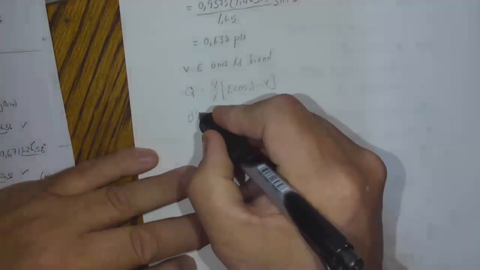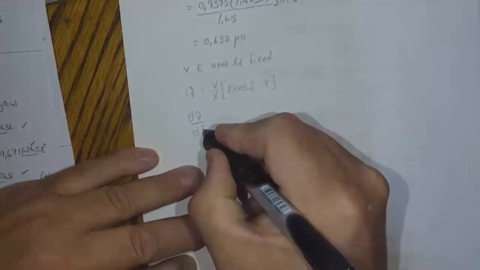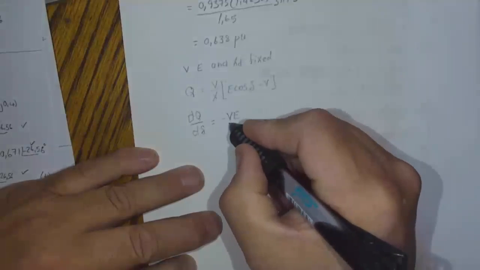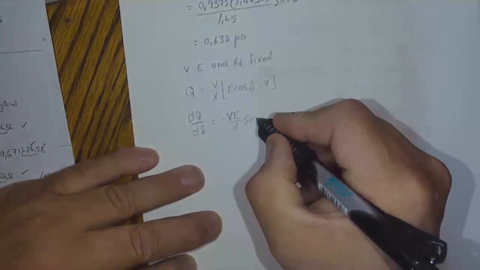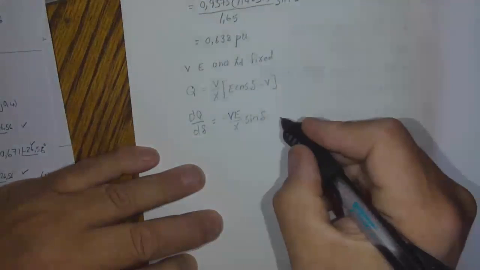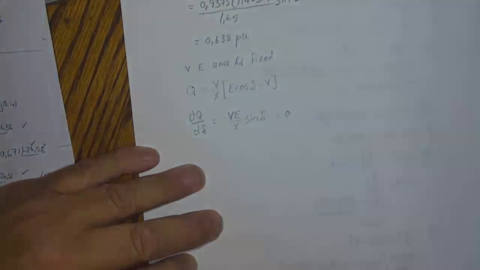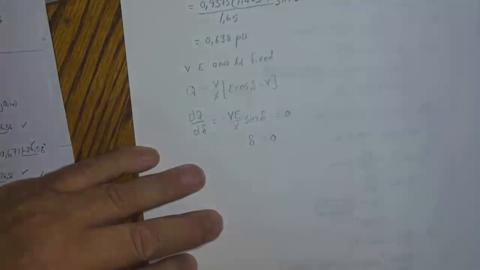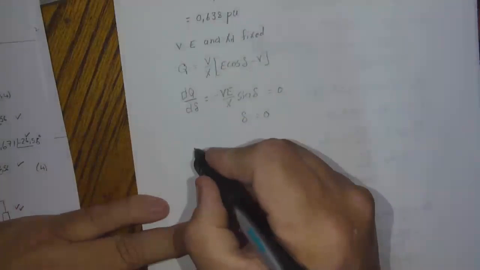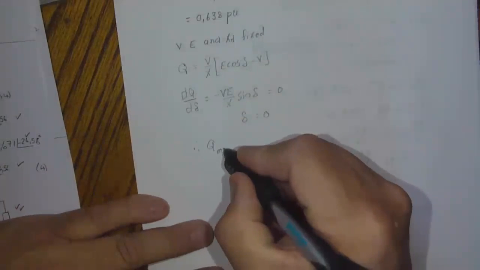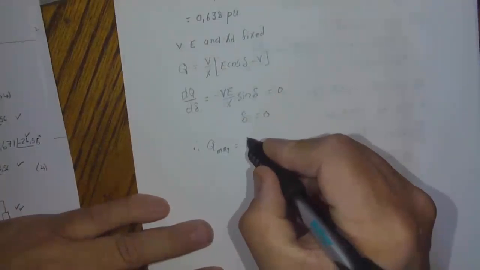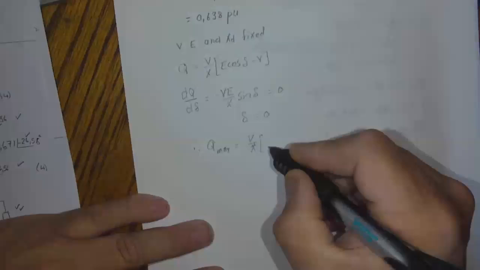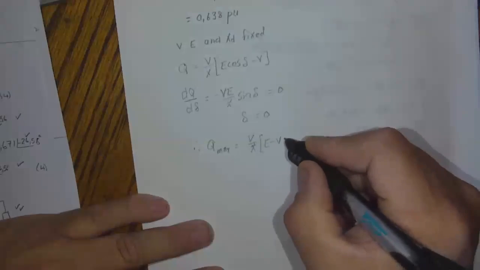So dQ by d delta is then minus VE over X sine delta, and that must be equal to 0. And that can only be 0 if delta is 0. So therefore, Q maximum is going to be V over X into E minus V.